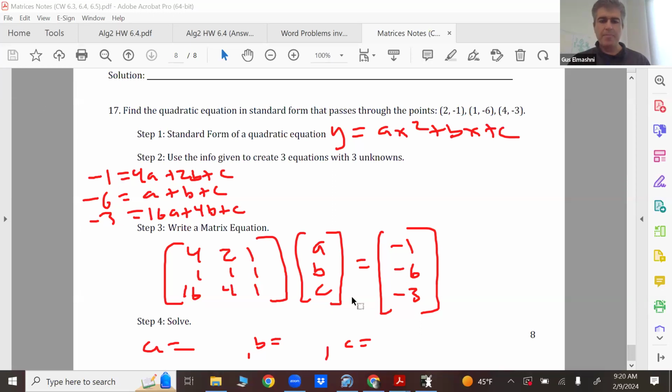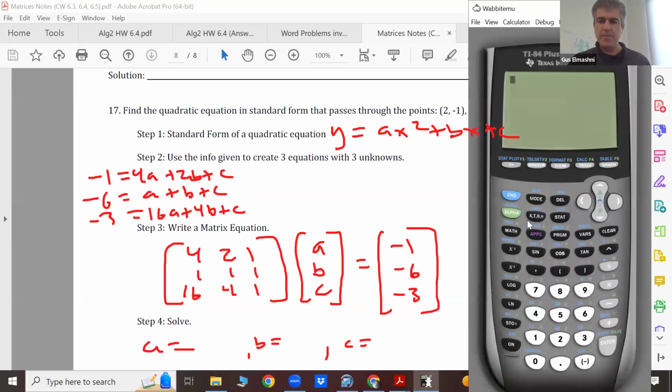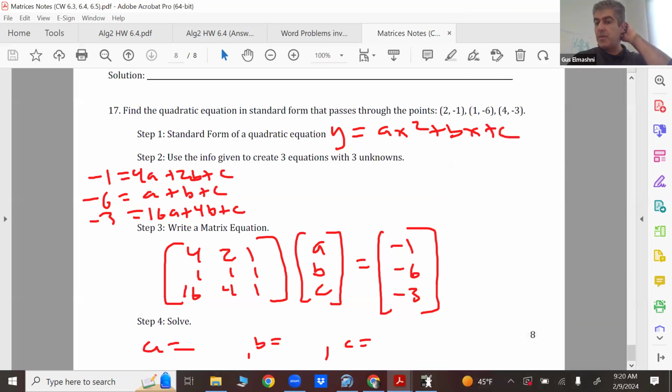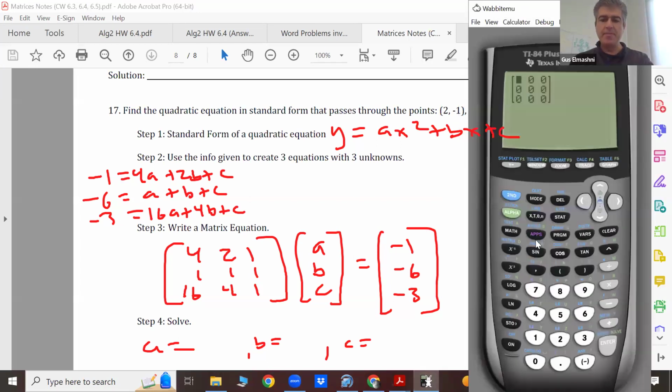I'm just going to do it one more time. When I did 4 squared, right? The quad form. So 4, 2, 1, 1, 1, 1, 16, 4, 1. Raised to the 1 power.